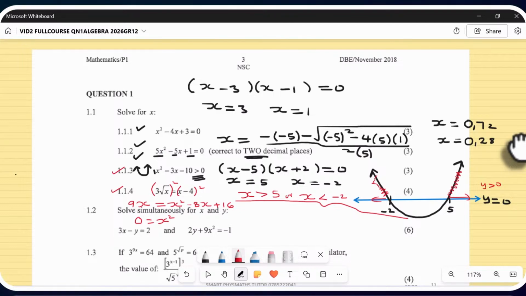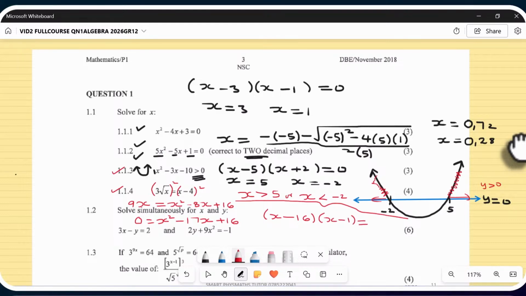So we have x minus 16 multiplied by x minus 1 equals 0. So if you check here, we have x equals 16 positive, or x equals 1 positive, okay.